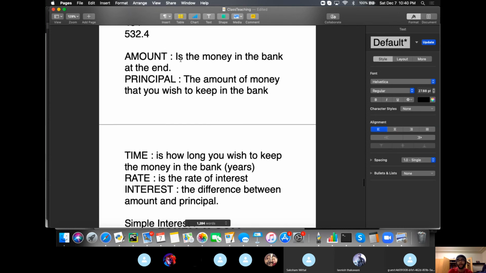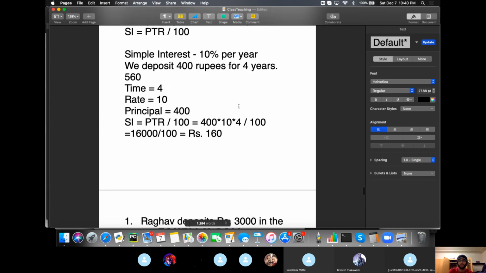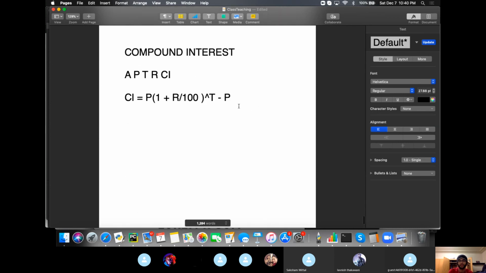Amount is the money in the bank at the end. Principal is the amount of money that you wish to keep in the bank. So this formula is giving us the money in the bank at the end. But if we want only the interest, we have to subtract the initial amount. That will leave us with the interest, and that will give us the compound interest.